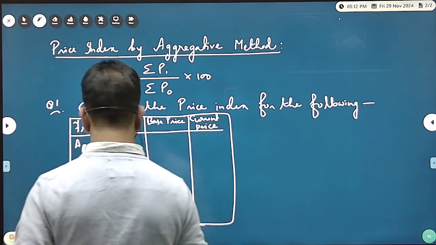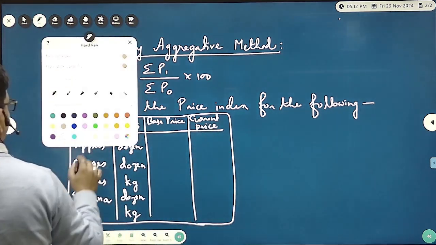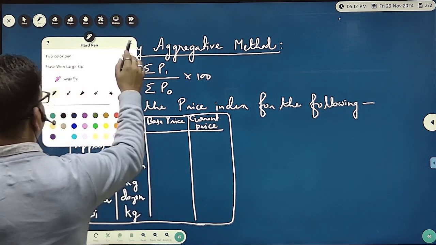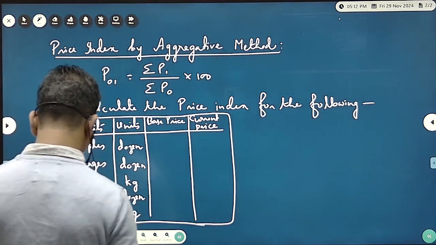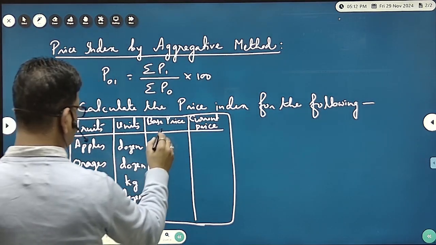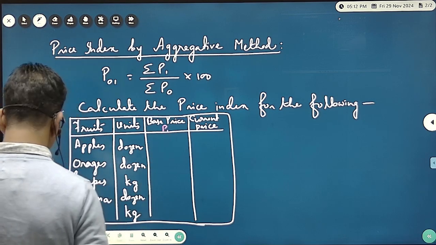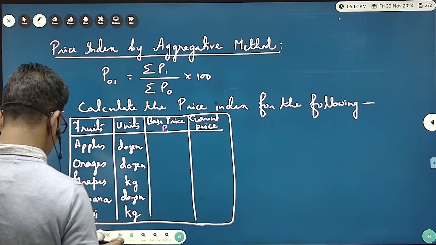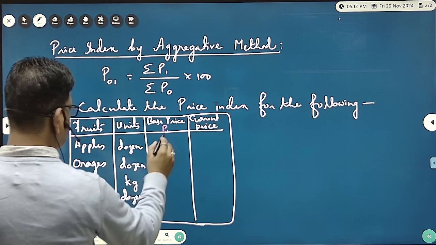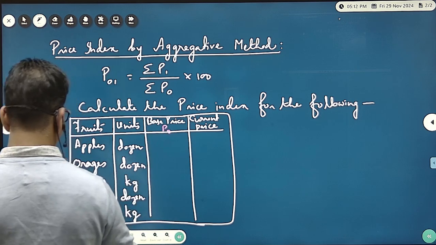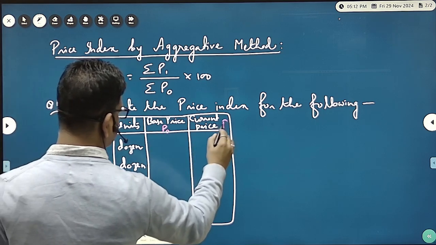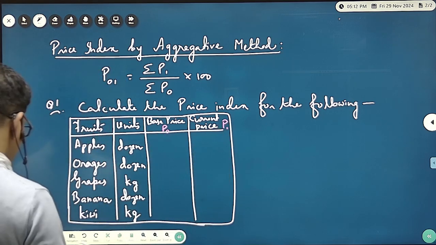So the base price is denoted by P0, and the current price is denoted by P1, okay.